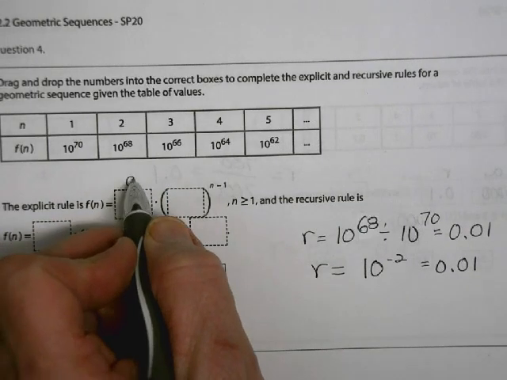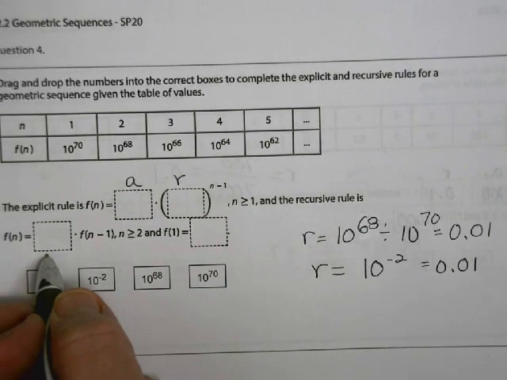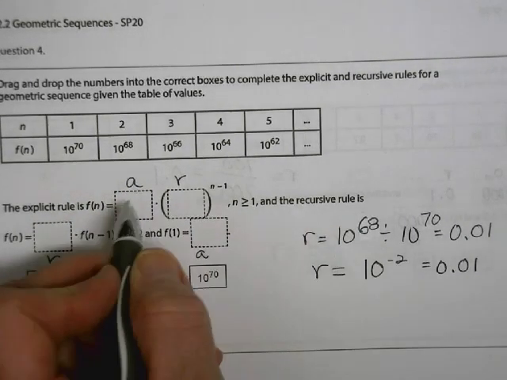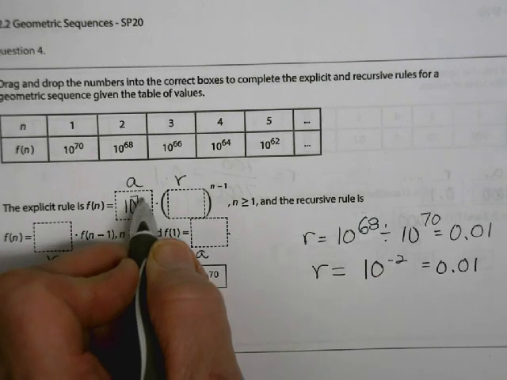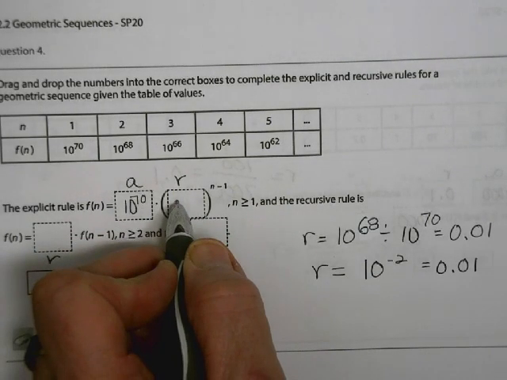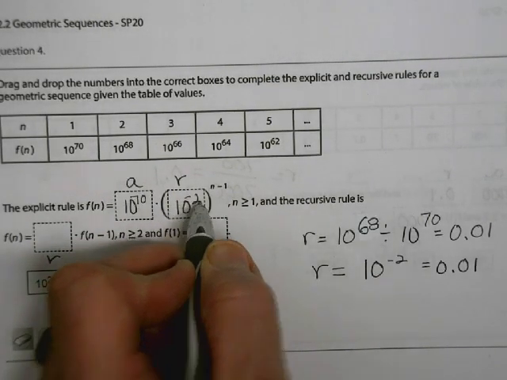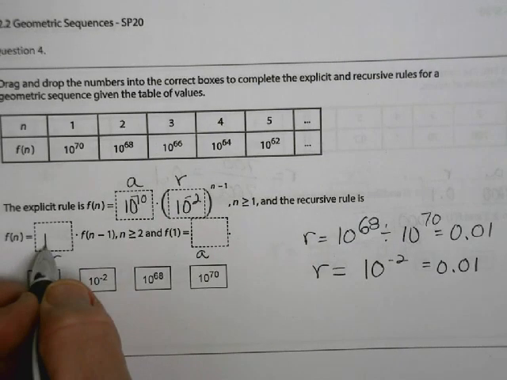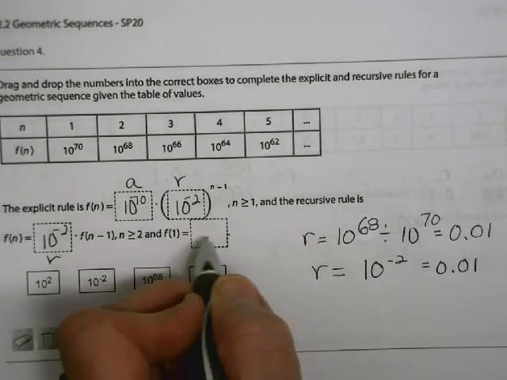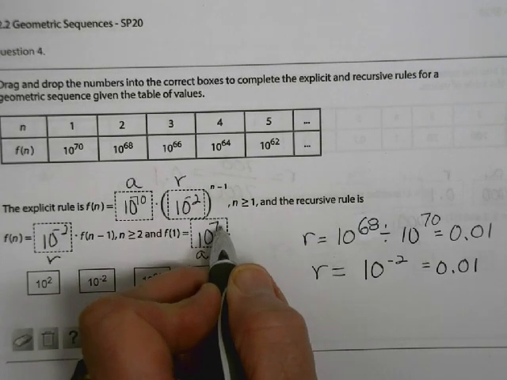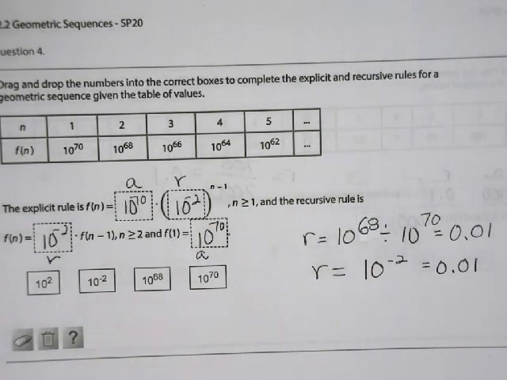Put in 10 to the negative 2 and change it to a decimal. So A, R, R, A. 10 to the 70th, and 10 to the negative 2. 10 to the negative 2, and 10 to the 70th.